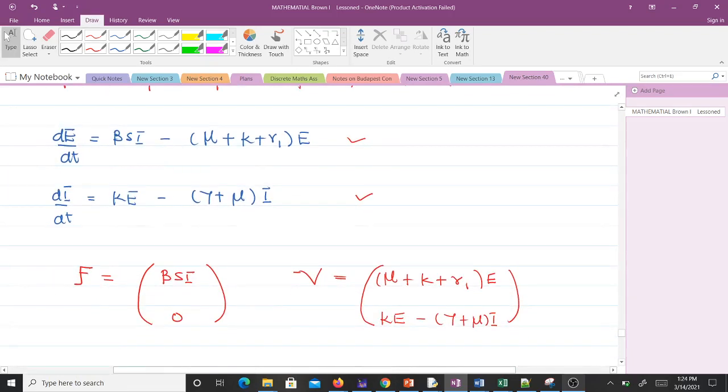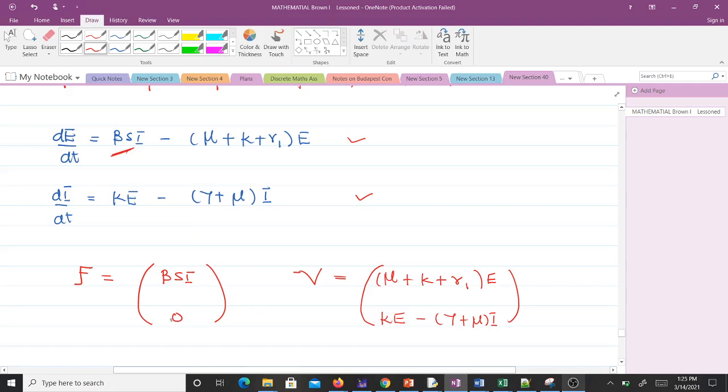After getting that, do you remember our Greek F contains terms with what? Secondary infection rate beta. So when it comes to the first equation, this is the term containing beta. It was beta SI. So we have that. But in our second equation, we don't have anything containing beta.